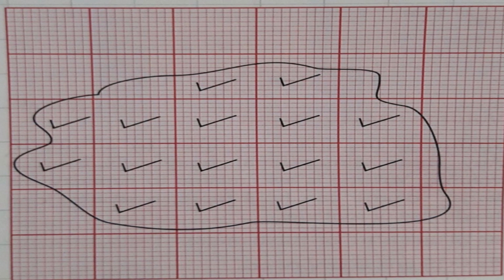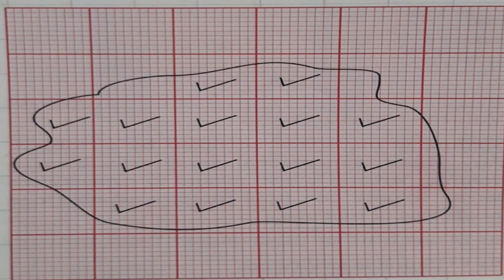So how will you find the area of this irregular shape? We already know the area of each square in this graph sheet is 1 centimeter square. So we are going to multiply the number of squares by the area of one square.